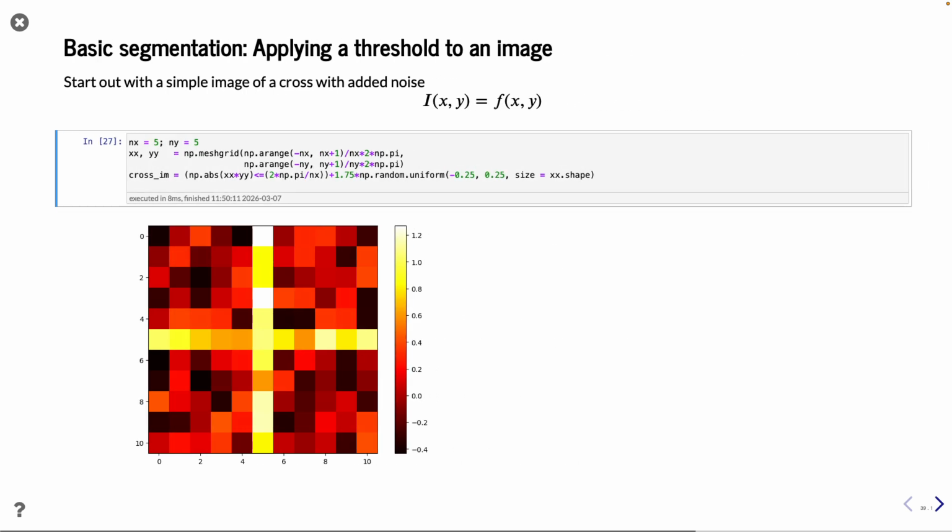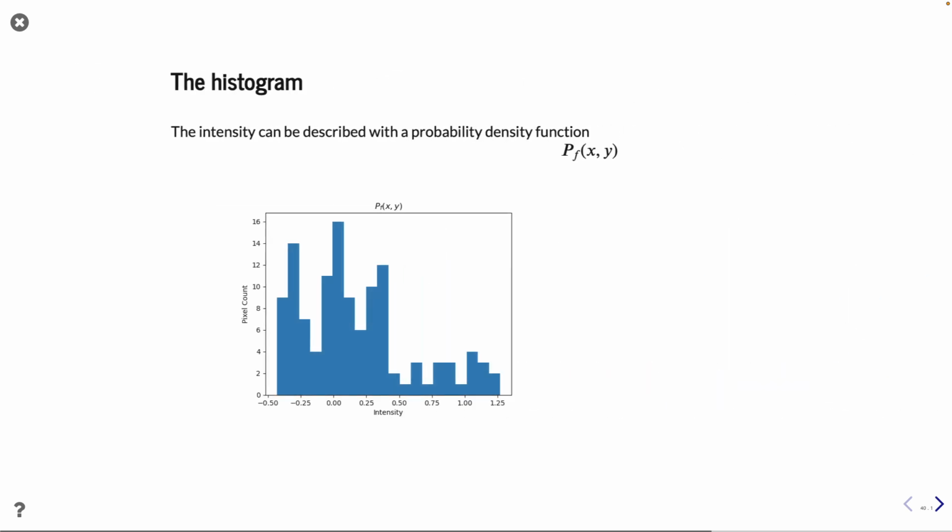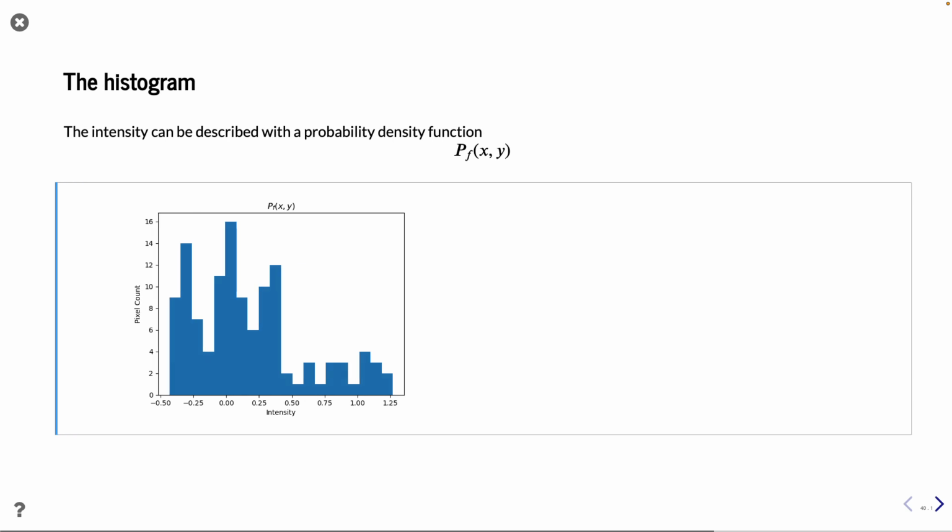So the basic segmentation problem, let's start with this test image. It's just in principle a higher intensity cross in this image, and we added some noise. And we'll see what is happening with this image if we try to segment it. The histogram looks something like this.